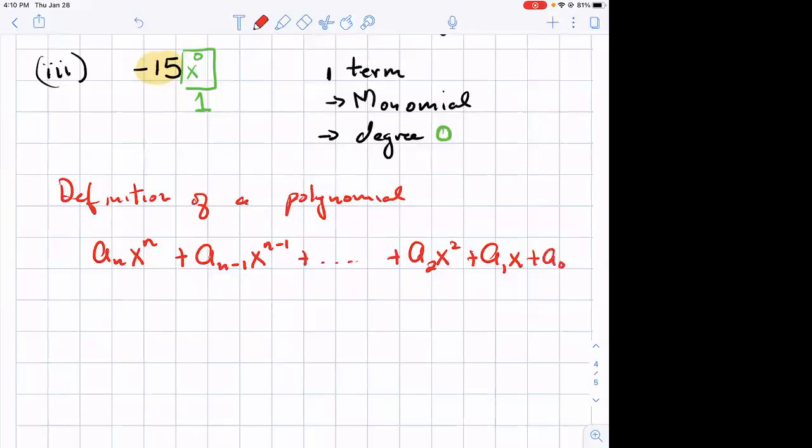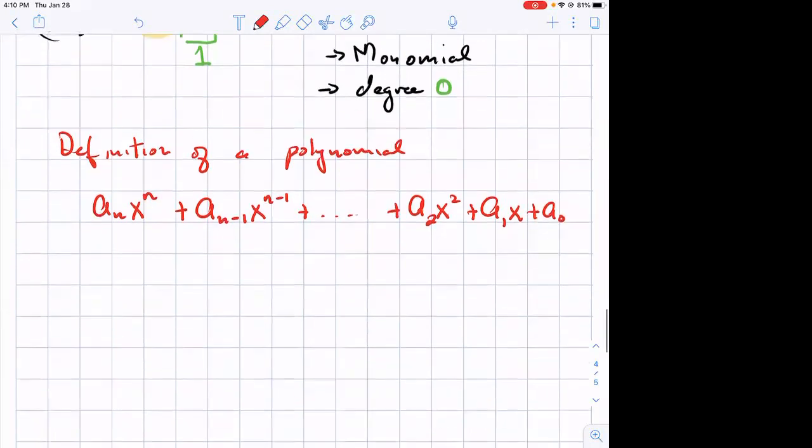So this is what you will see later on, especially in a more advanced algebra class, such as pre-calculus or intermediate algebra. So a couple things to note in the definition of a polynomial. These here are the coefficients, okay? These here are called the coefficients of the polynomial, right?